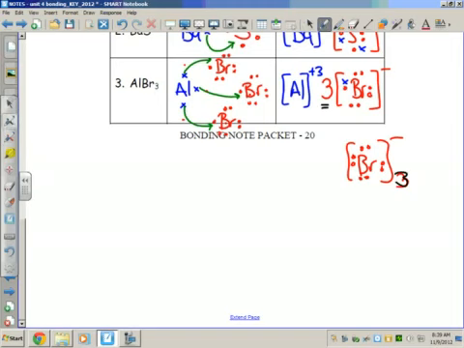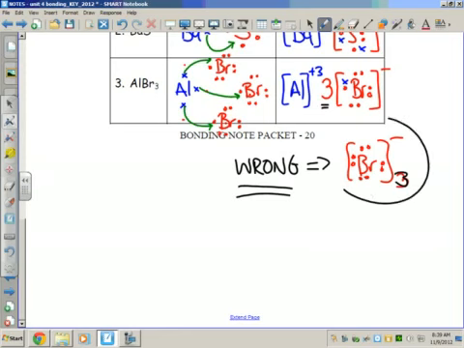Using a subscript instead of a coefficient is wrong. This indicates here that you have a bromide attached to another bromide attached to another bromide. That would be 3 negative ions bonding to one another, and that doesn't happen. Okay, so it's not 3 bromides attached to one another. It's actually 3 bromides attached to that guy.